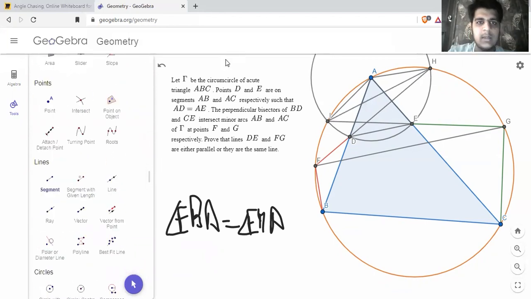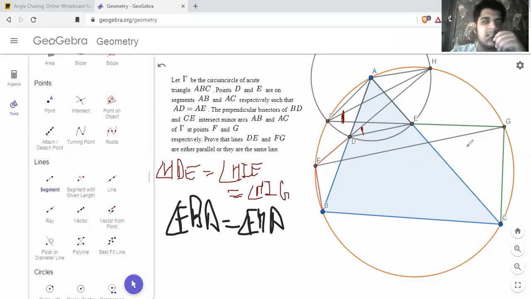Just note that this angle HDE is also equal to angle HIE, right? Because I, D, E, H lie on the same circle with center A. Angle HDE equals angle HIE, which is equivalent to angle HIG, because I, E, G are a straight line.